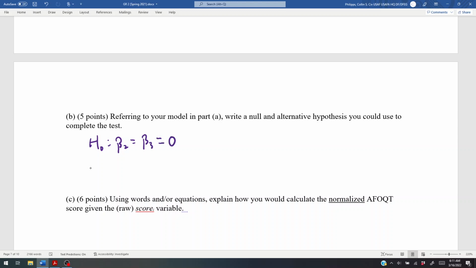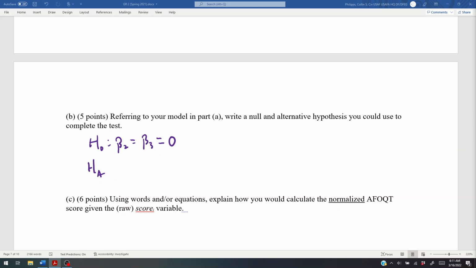Under my alternative, notice beta 2, beta 3, 0. My alternative hypothesis is going to be, let me look at the solutions and see how it was written there, just out of curiosity. Yes, at least one of beta 2 and beta 3 is not 0.